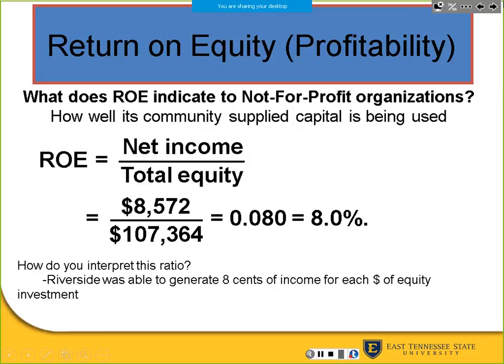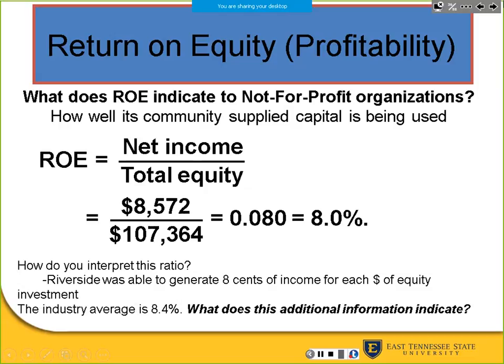Same as we did the return on assets, right? So we're able to generate 8 cents of income for each dollar that we invest in equity. And the industry average is 8.4. So this is a different kind of dynamic than what we talked about with return on assets. So what do you think this information is indicating to us, knowing that we're sitting at 8% and the industry average is 8.4%?